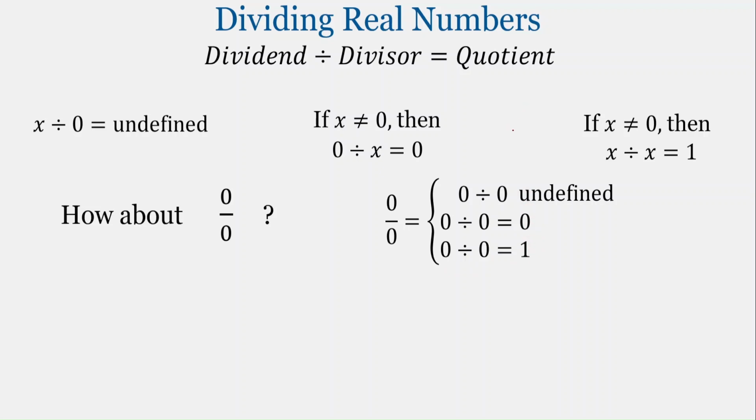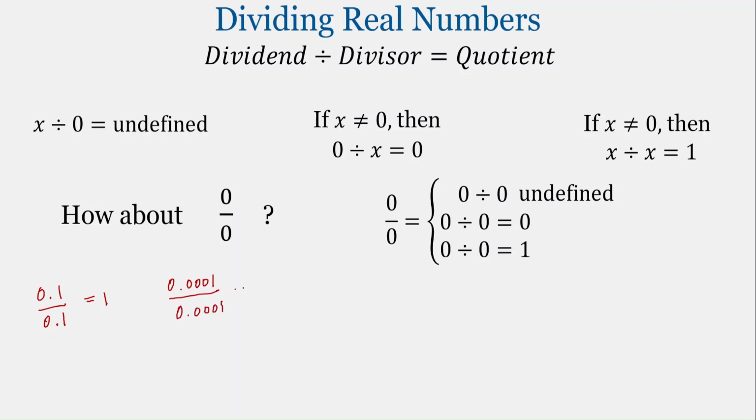One way to look at this is to see what happens as we get closer and closer to 0 without actually reaching it. So instead of 0 divided by 0, let's pretend like we have 0.1 divided by 0.1. Well, that's equal to 1. How about 0.0001 divided by 0.0001?